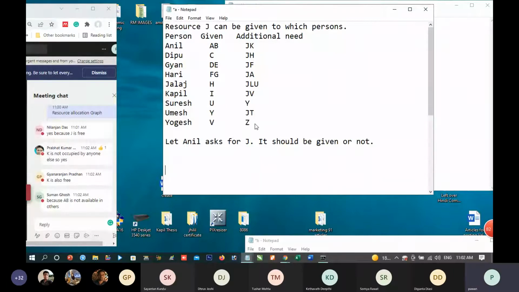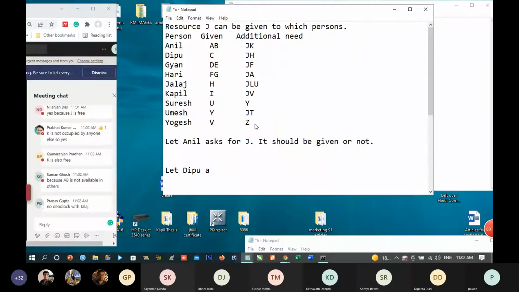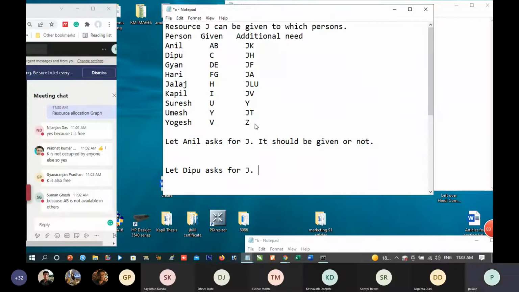Let Deepu ask for J. It should be given or not? It should be given.